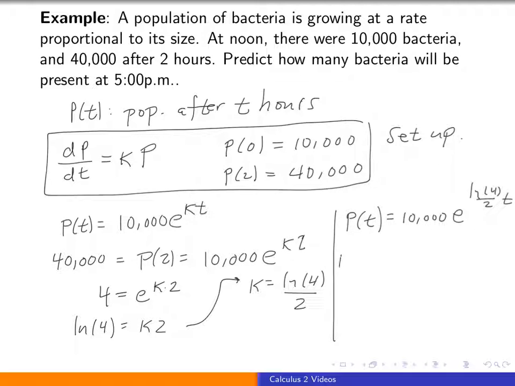So in order to see that, 5 o'clock would correspond to 5 hours after noon. So this would be 10,000 e to the ln of 4 over 2 times 5. And plugging this into our calculator, we get that the approximation here is about 320,000 bacteria.